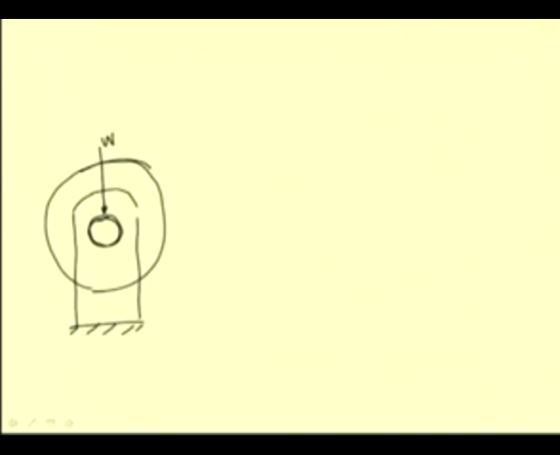When the wheel is stationary, the point of contact is here. If we exaggerate the situation that there is a clearance between the journal and the shaft or axle.